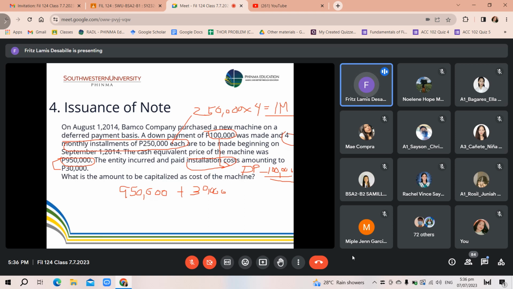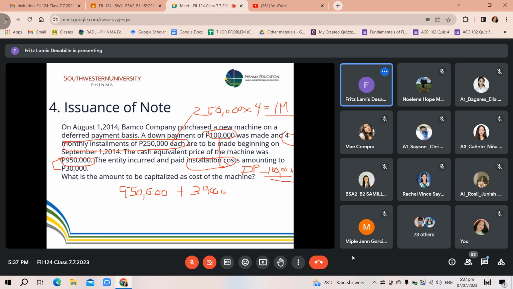What else? The last component of cost is the cost of restoration, no? Which is where the company or entity has an obligation at the end of the life of the asset.